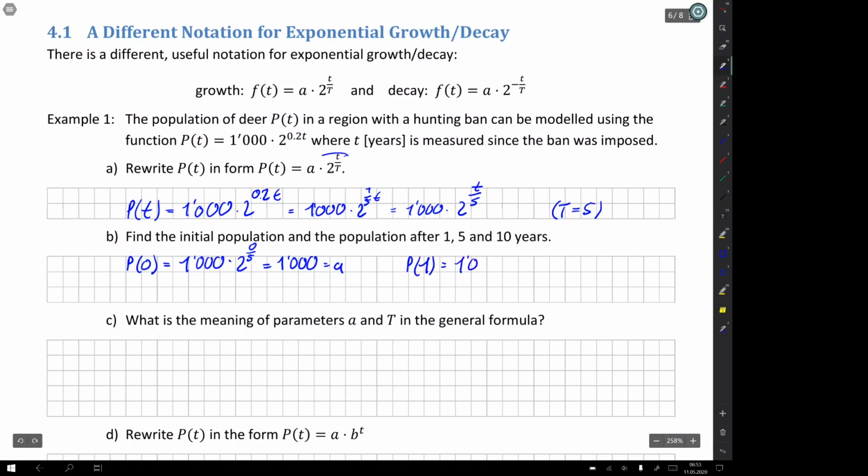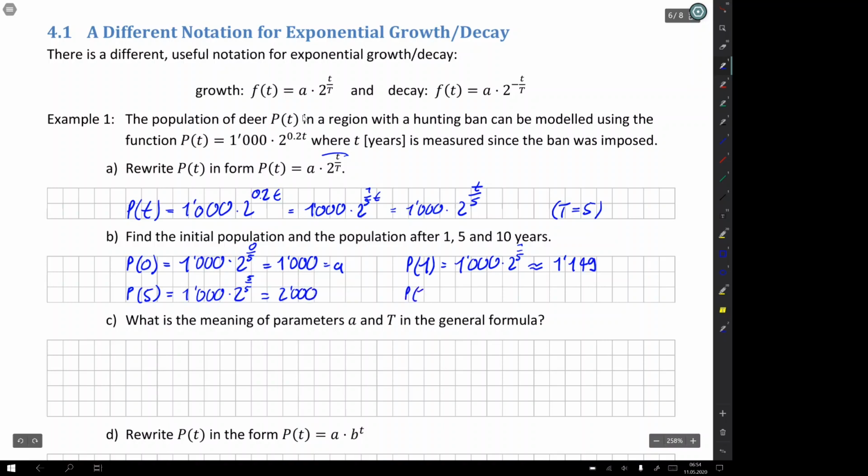What is the population after 1 year, for example? Well, 1000 times 2 to the power of 1/5, which means 1000 times the 5th root of 2, and we get approximately 1149. The population after 5 years, well, that's 1000 times 2 to the power of 5/5, which means 1000 times 2, so we get 2000.